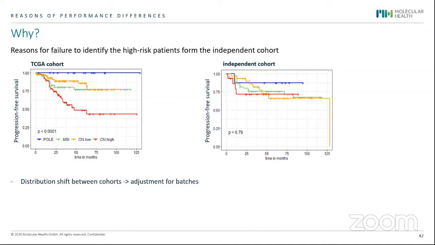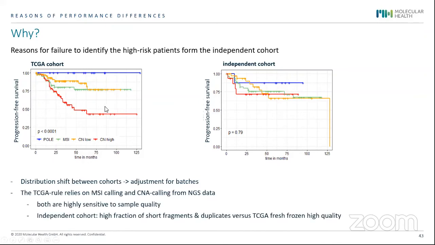And also, sorry, I sort of doubt that this would have helped here. So the problem is that the TCGA rule relies on MSI and CNA calling from NGS data, and both have been shown to be quite sensitive to the quality of samples.